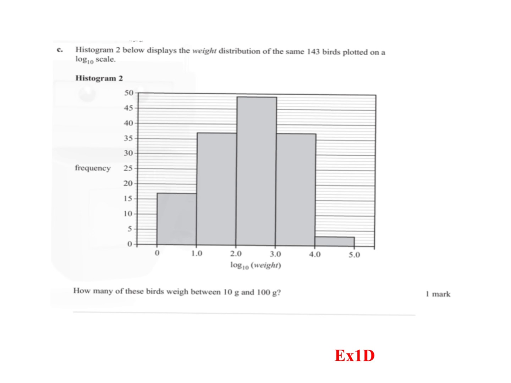Okay, so histogram 2 below shows the weight distribution of, see, they've now changed this. It was the same 143 birds. How many birds weigh between 10 and 100 grams? So this is an actual number. Now, this is a log scale. Remember, this means 10 to the power of 1, which is 10.